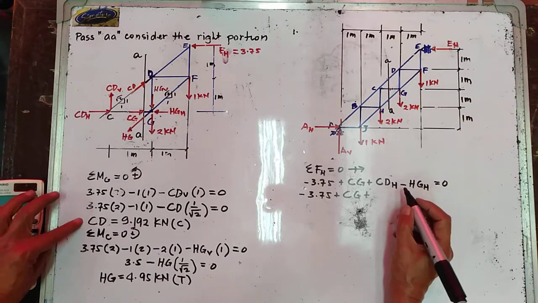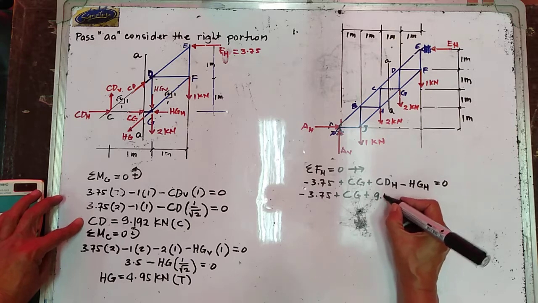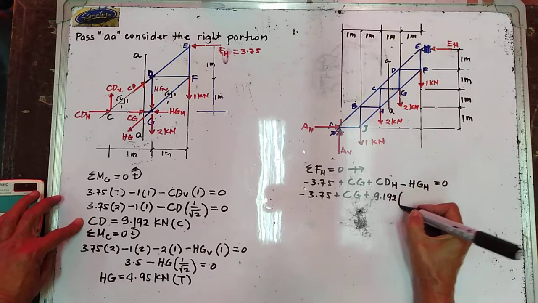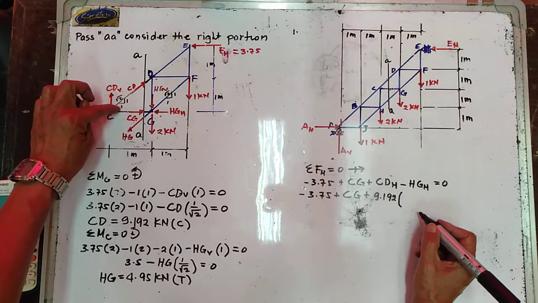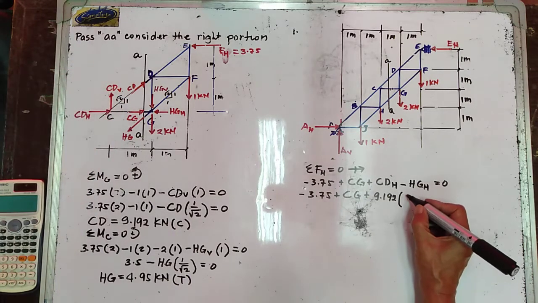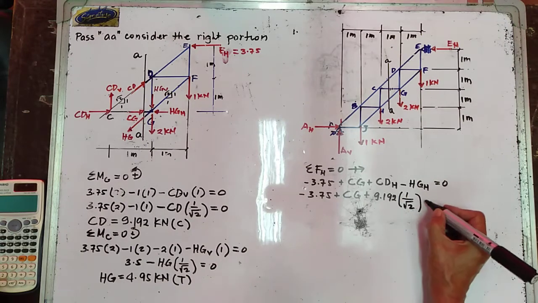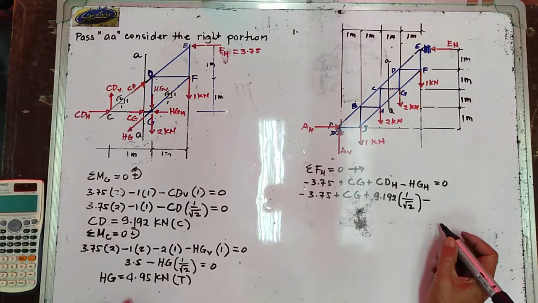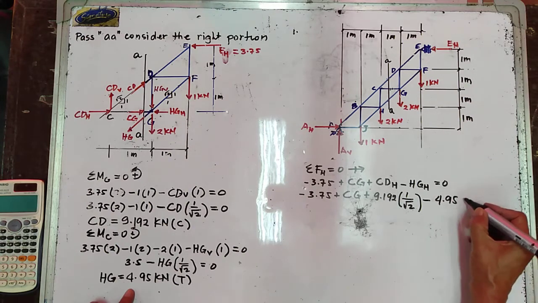But the value of CD is 9.192, the horizontal component. Multiply this one by 1 over the square root of 2. Minus HG horizontal, and HG is 4.95.